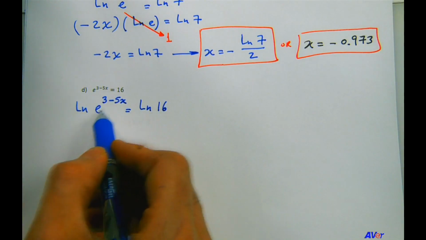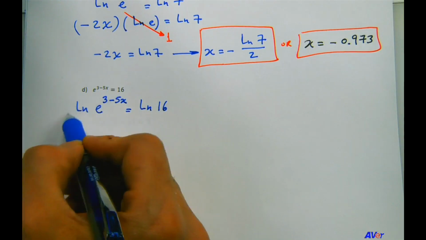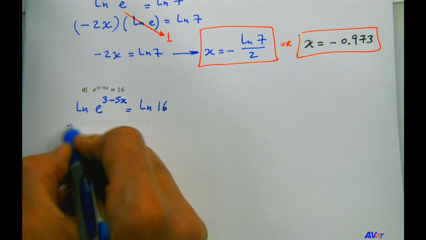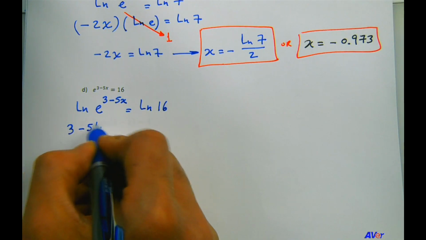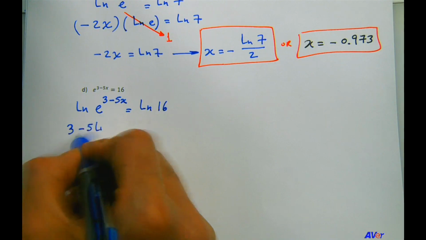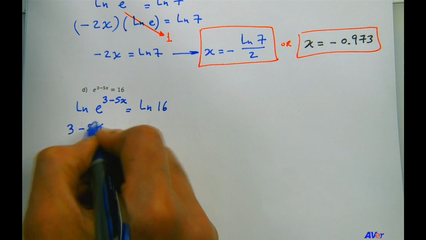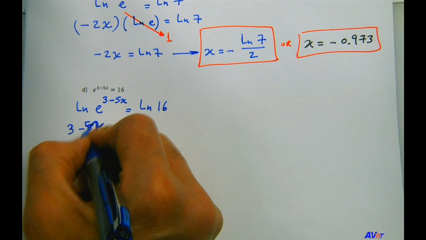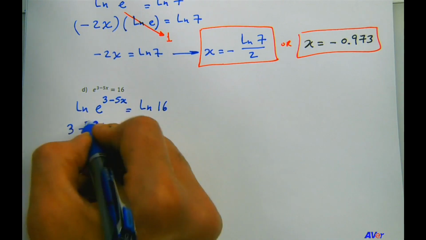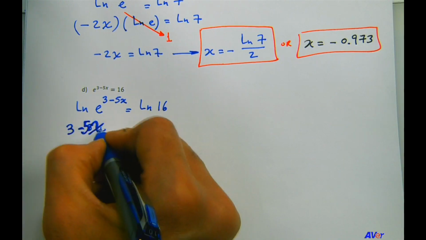Now on the left, I've got to be careful. We all know we can bring the exponent down and in front, right? 3 minus 5x, yes, minus 5x. Sorry about that. Like that.